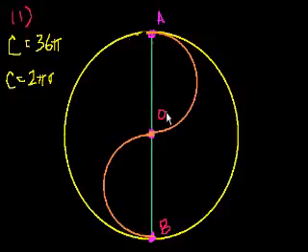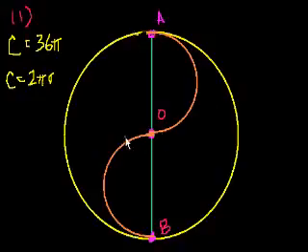So if we know this diameter, we could use this formula, or say that circumference is pi times the diameter. We could do either one. I'll make the claim that the circumference of this larger circle is the same as the circumference of this half circle plus this half circle.